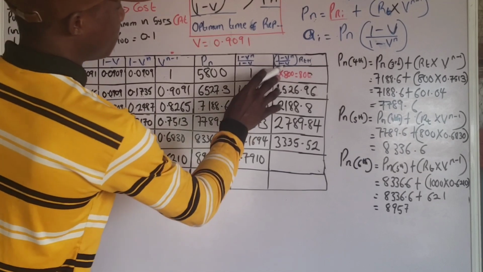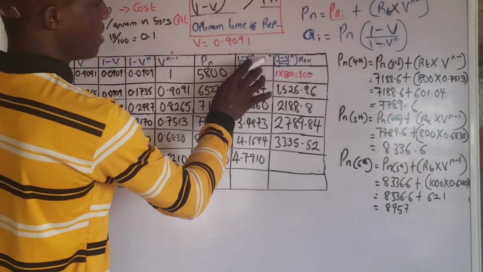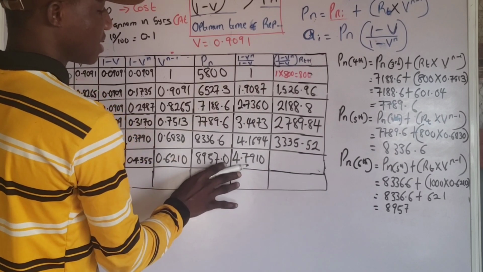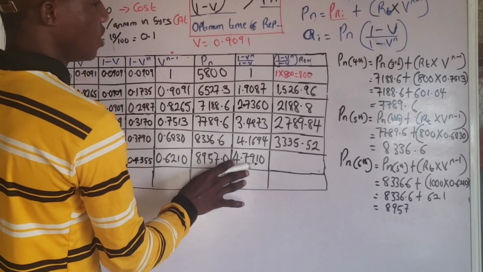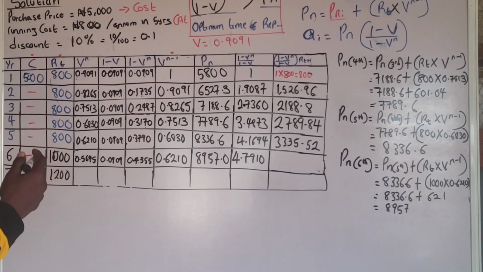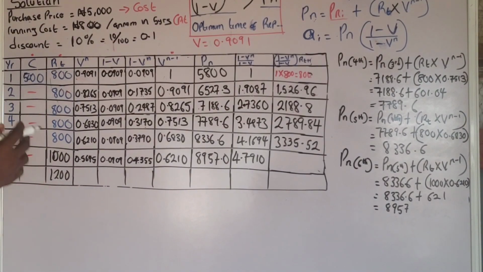So the value of these cells will be 1 minus v raised to the power of n over 1 minus v. Don't forget, we have already calculated, that is 4.7910. So I'm going to multiply it by the running cost of the next year. The next year after the sixth year is what? Is the seventh year.